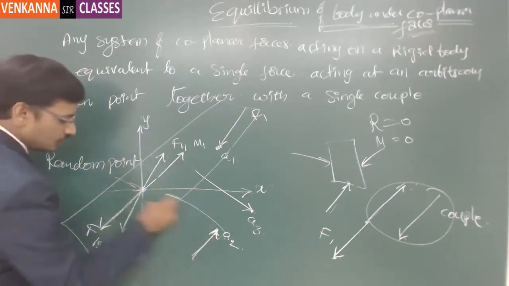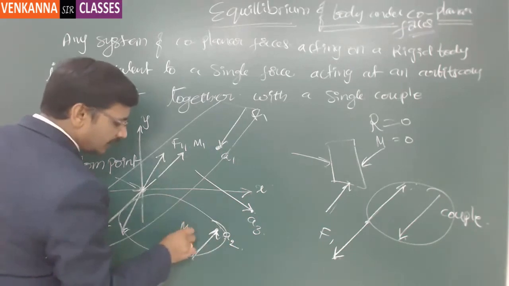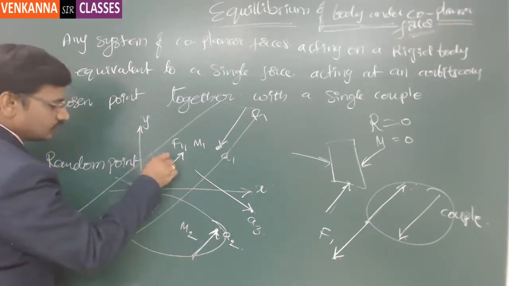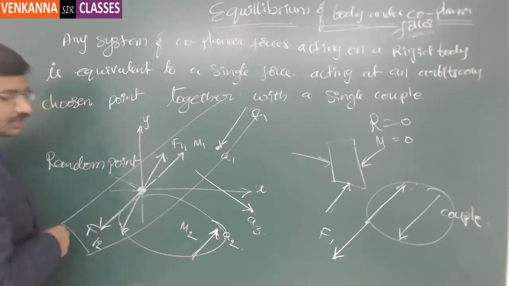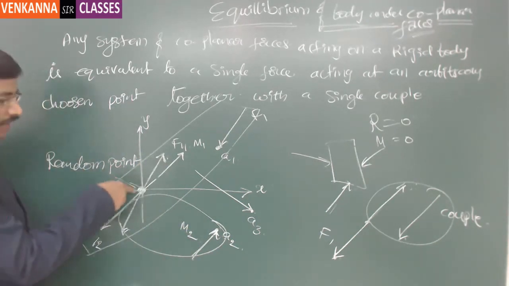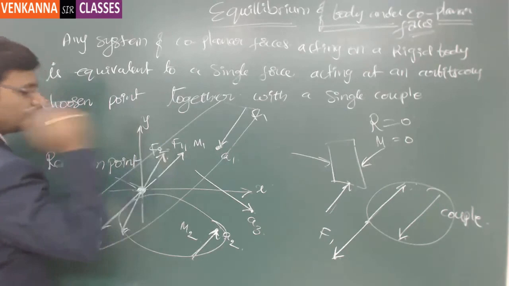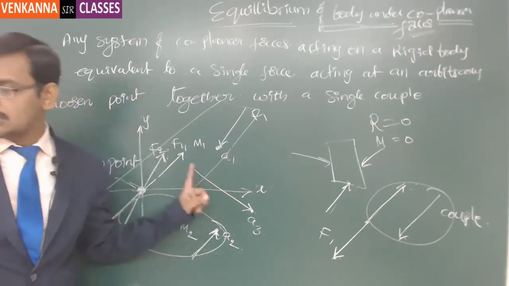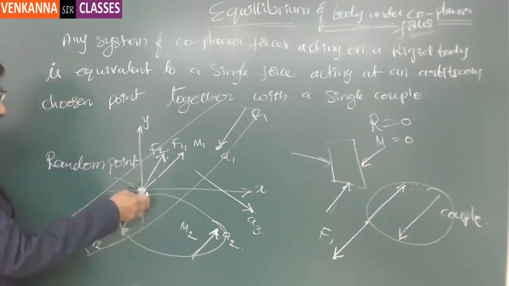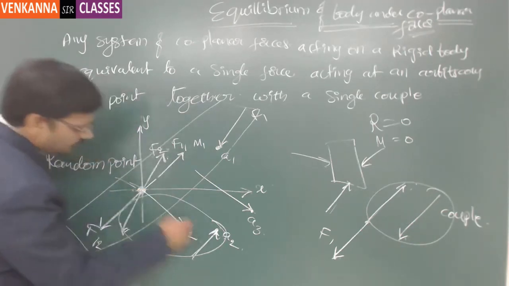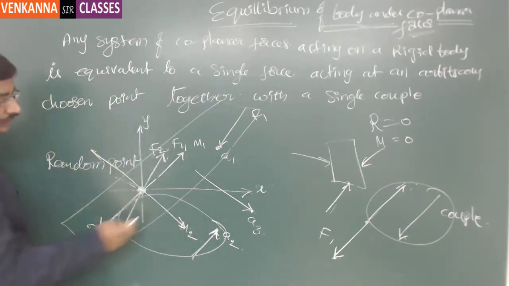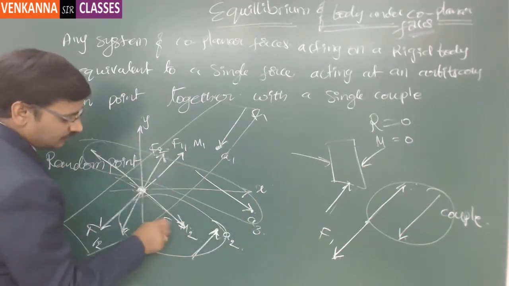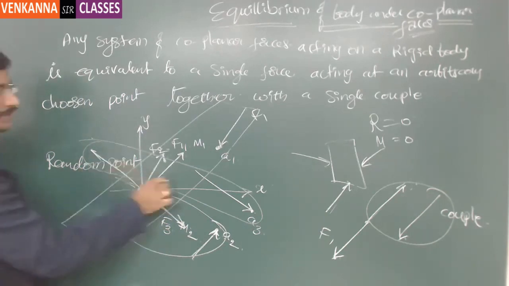These two together will form a couple of moment M2 and there is a resulting force that is acting at this location, which is the same location we have selected for F1, and this magnitude is F2. And again if I take the third force, even for this at the same location, I can draw two opposite forces like this, and then these two will form the couple and this one will be the resulting force F3. So this couple is M3.